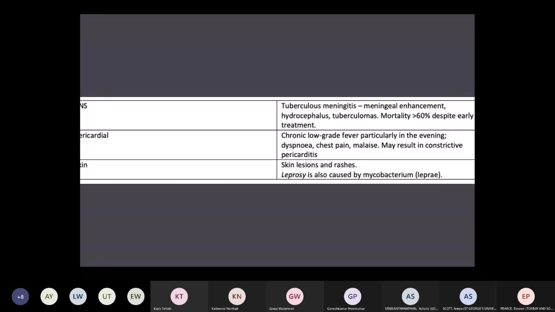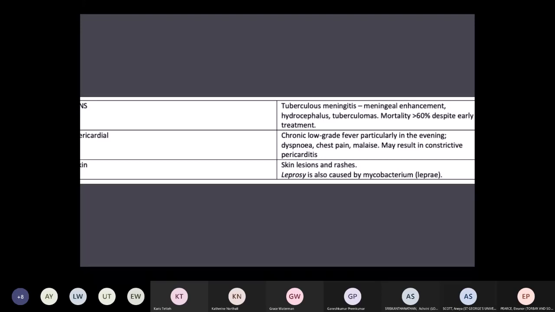I saw quite a few cases in Croydon when I did my placement where patients had not gone to seek any help for their TB symptoms, and then it had unfortunately become CNS TB, presenting with psychosis and reduced consciousness and things like that. And then also you can get skin lesions and rashes and pericardial TB, which is really rare, but it can result in pericarditis.